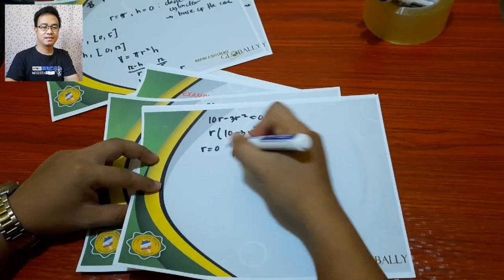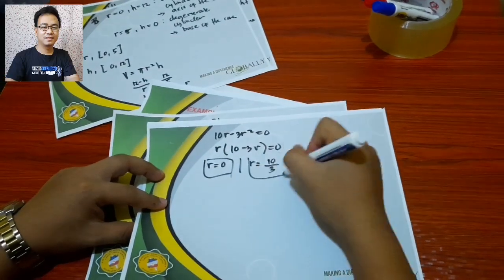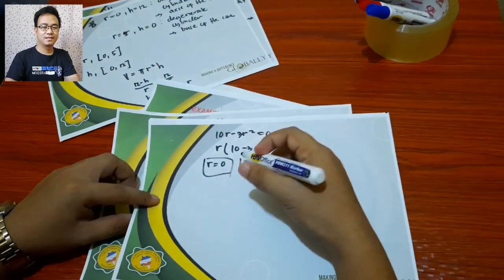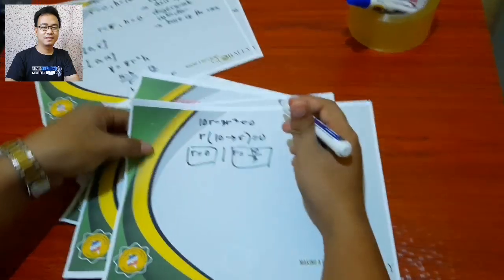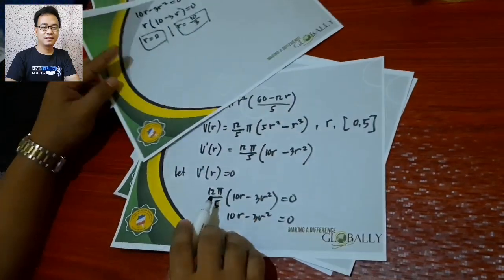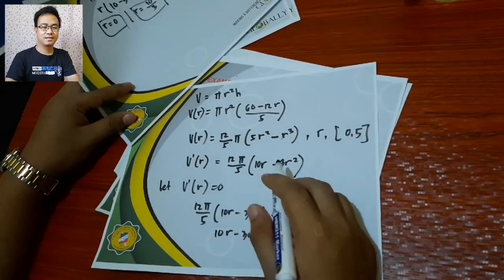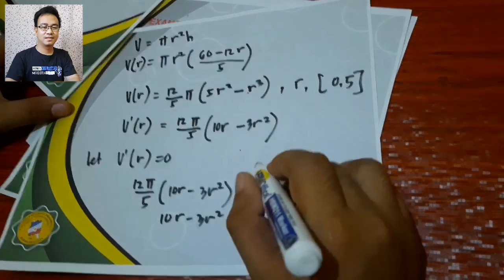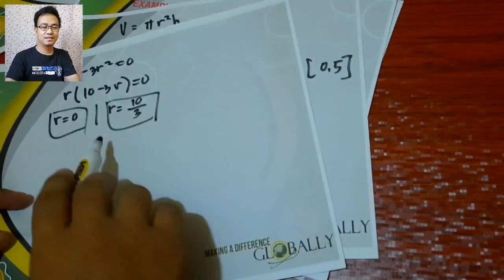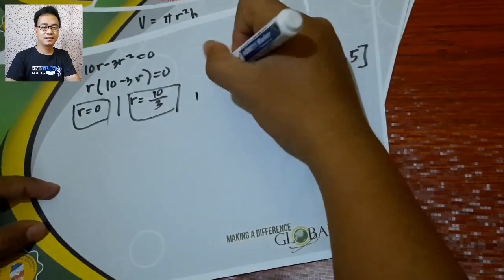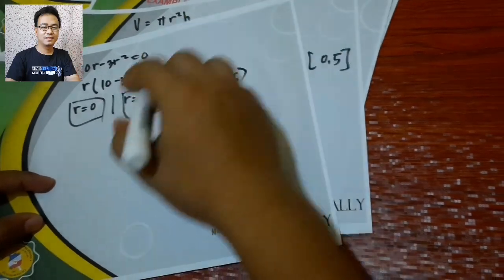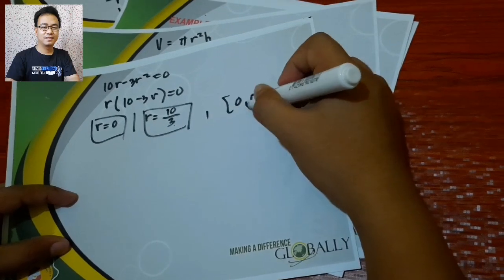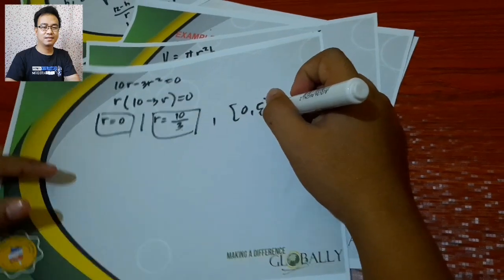Okay, so these two are the critical values, because both are defined within this closed interval 0 and 5.